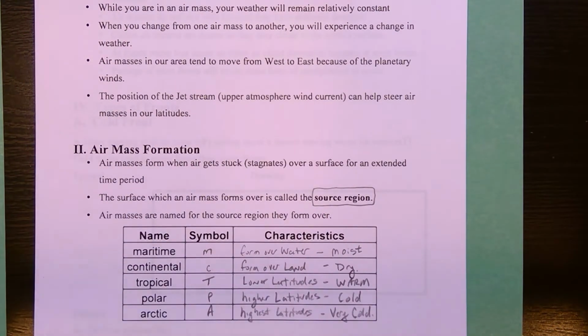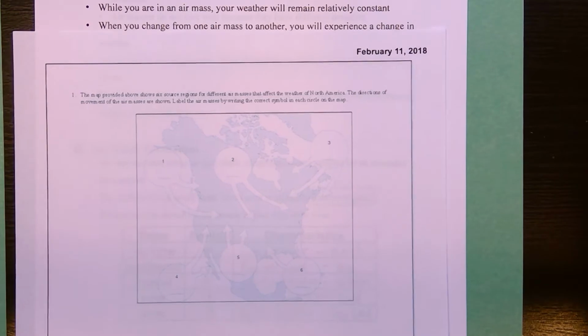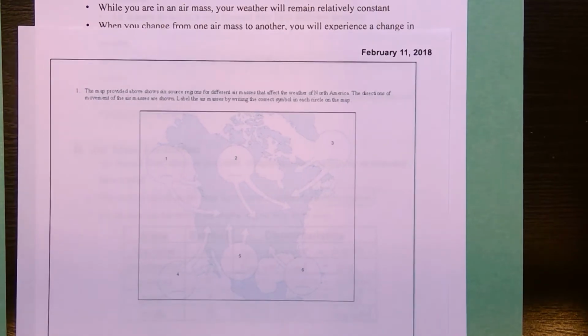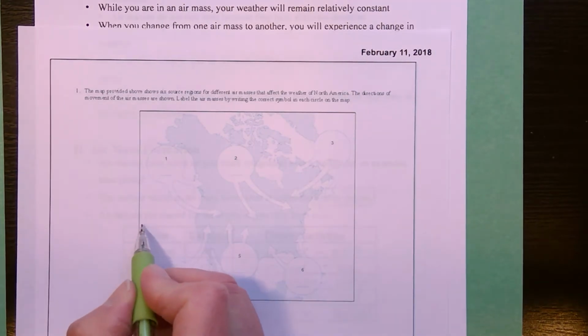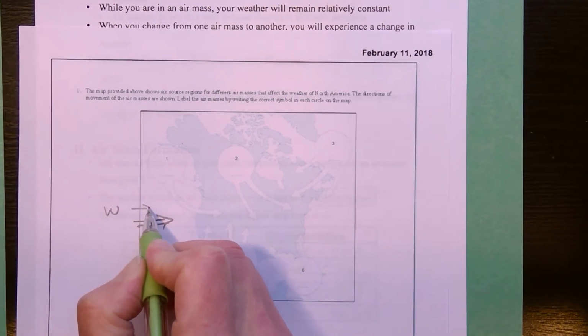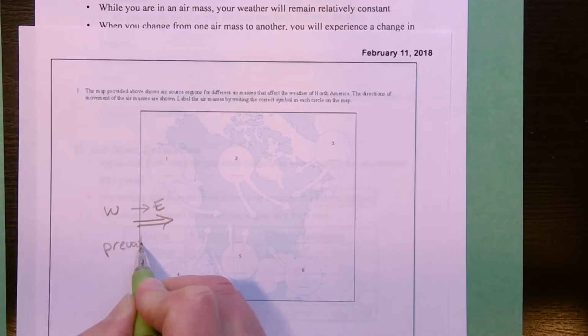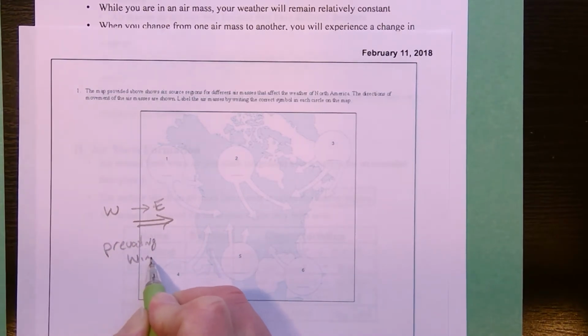Now, the easiest way to visualize this is to look at a map like this of different air masses. You see that you've got the outline of North America in the background. The air masses tend to move from west to east because of the prevailing winds.